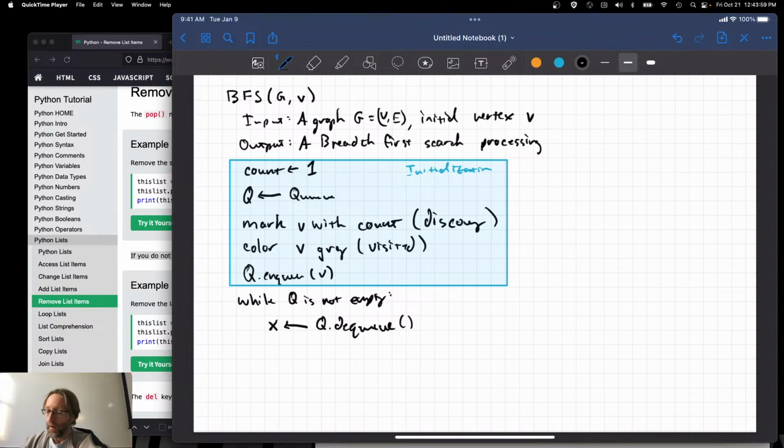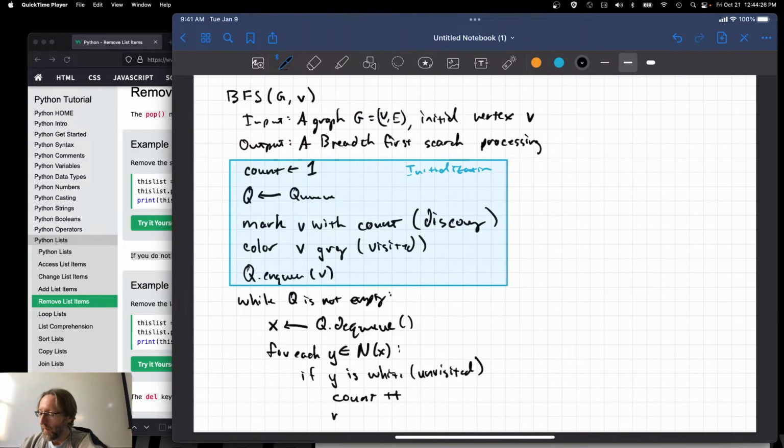And then for each y in the neighborhood of x, if y is white, that is unvisited, then we increment our counter, count plus plus.